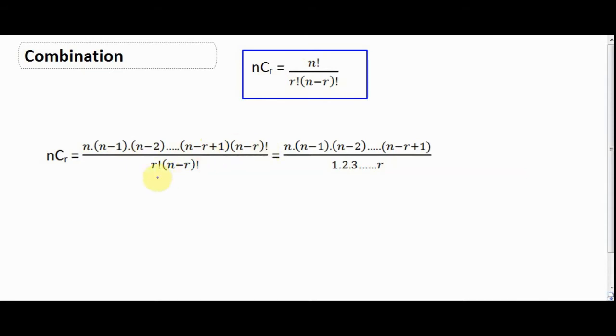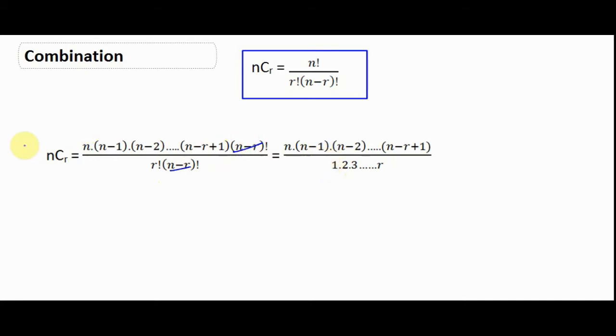Now in the denominator we have r factorial into n minus r factorial. So n minus r factorial comes as a common term in both numerator and denominator. So we may cancel that. Okay, resulting equation is this one. We will be using this equation to calculate combination values while doing problems.